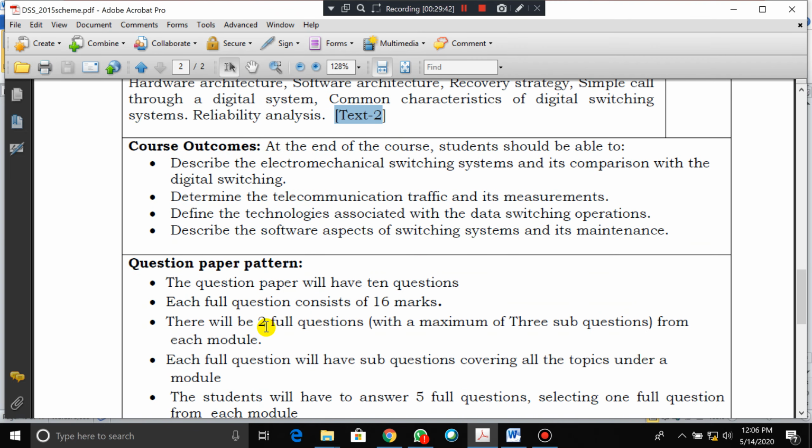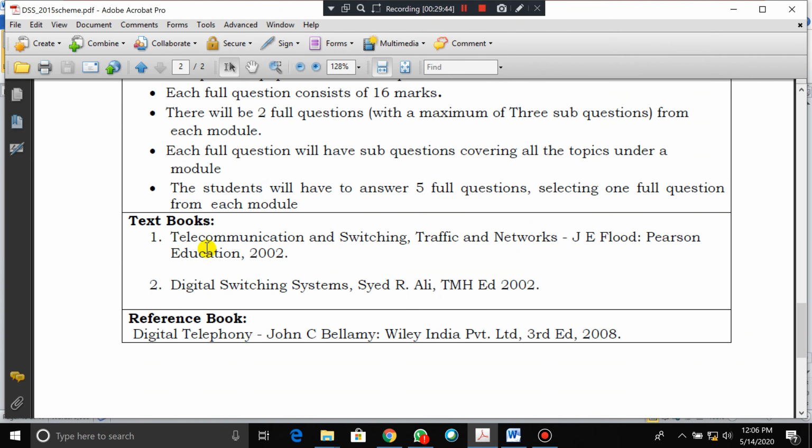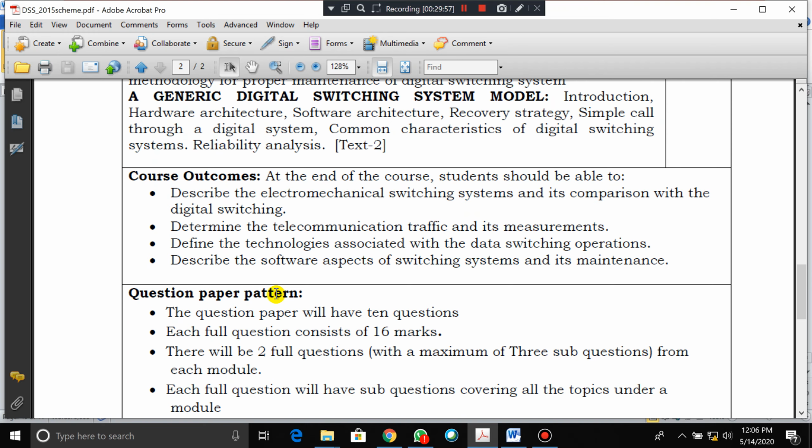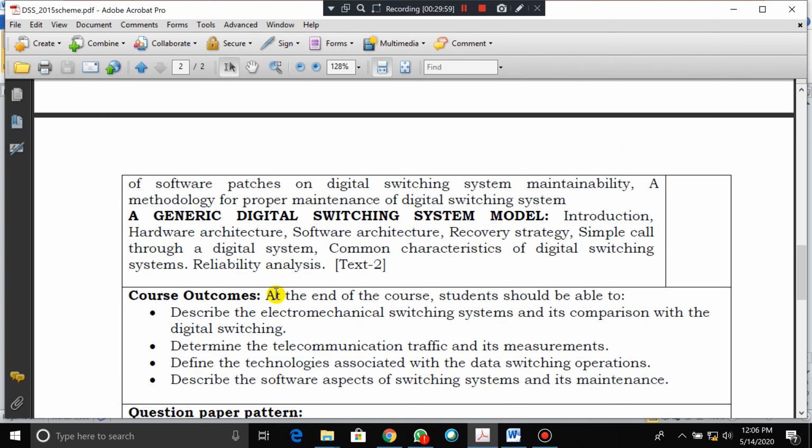The textbooks are J.E. Flood, Telecommunication Switching, Traffic and Networks, and Syed Ali, Digital Switching Systems. These two books are enough and very good to complete the whole syllabus. Kindly refer to previous year question papers available online, and see which are very important topics you can score in this subject.